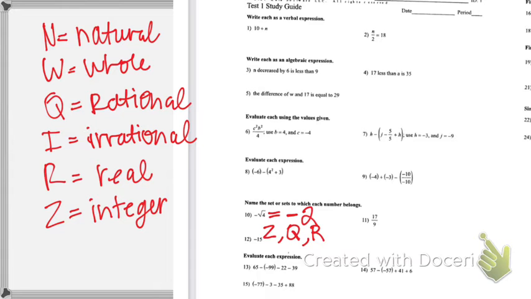Okay. Number 11, 17 over 9. So 17 over 9 can be put on a number line, so we know it's going to be real. Now, it's not natural, it's not whole, it's not an integer, but it is rational because if you were to put 17 over 9 in your calculator, the decimal would be 1.888 repeating.